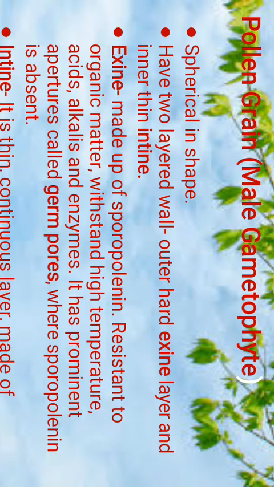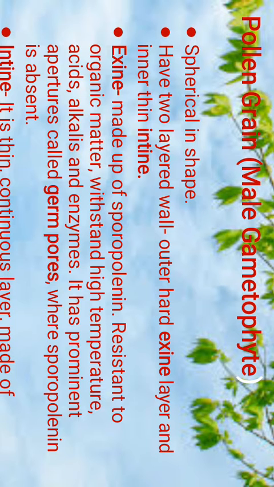So, because of these features, pollen grain can be preserved as fossil. Intine layer is made up of cellulose and pectin, but at some places the exine layer is absent. That is called a germ pore. The function of the germ pore is to help in the emergence of the pollen tube.